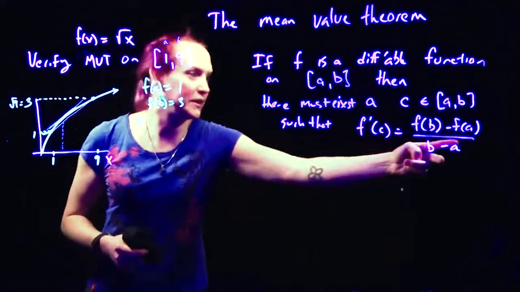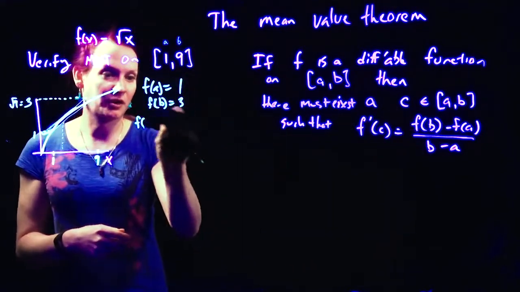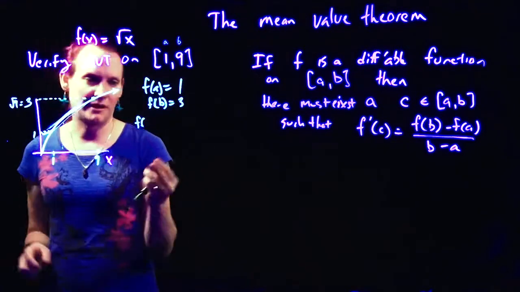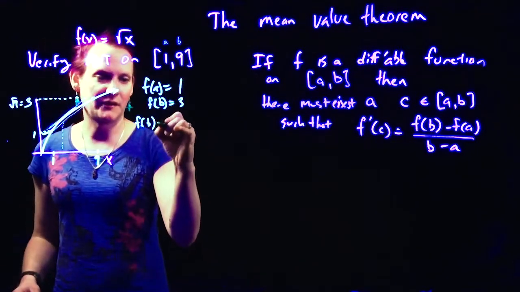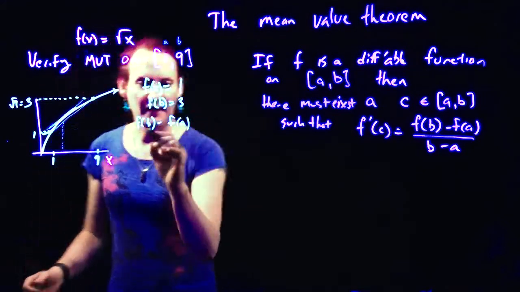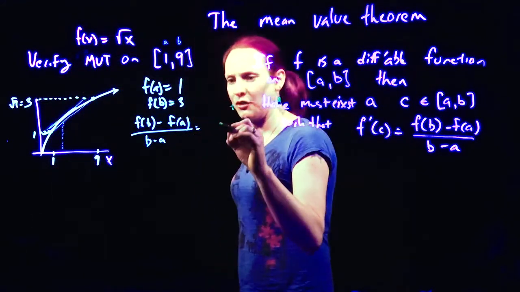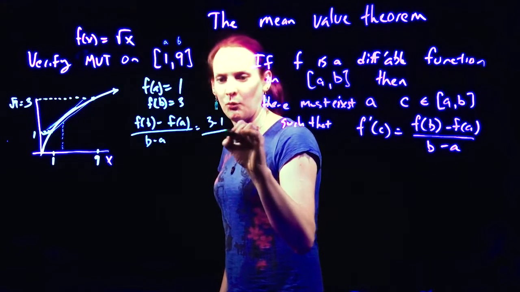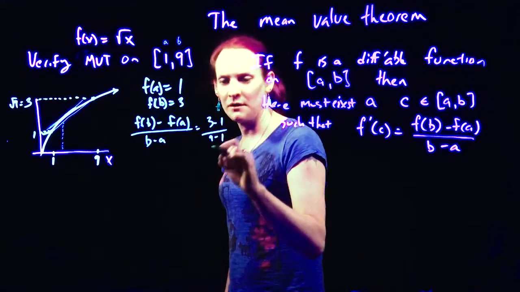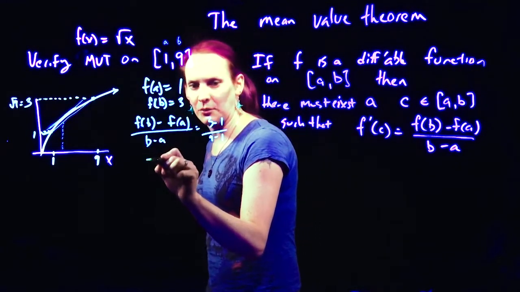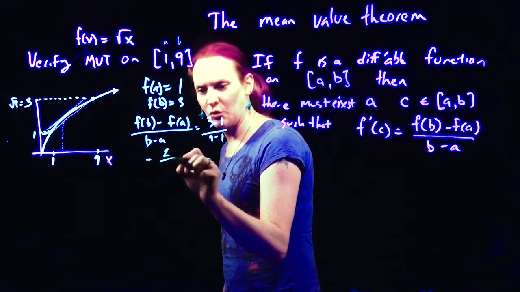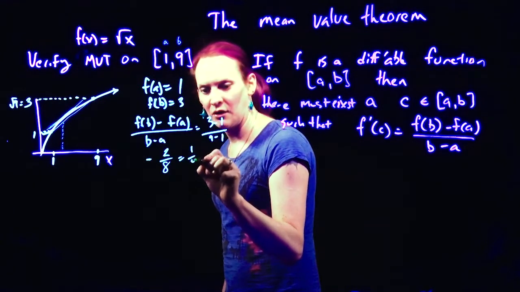As long as you flip both, it works out okay. So f of B minus f of A all over B minus A is equal to 3 minus 1 over 9 minus 1. And so that's equal to 2 over 8, which is a quarter.